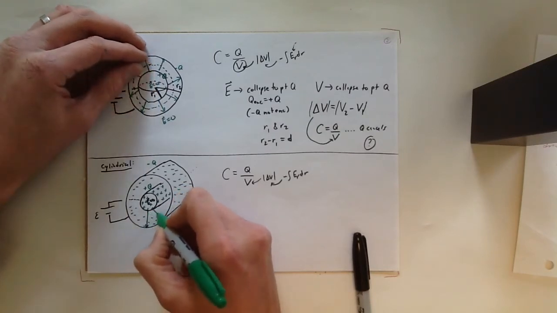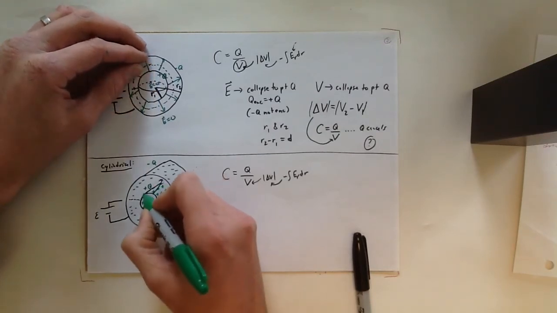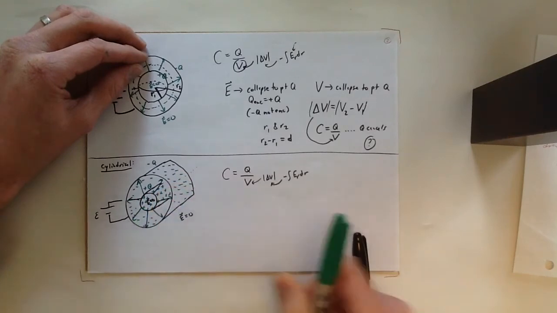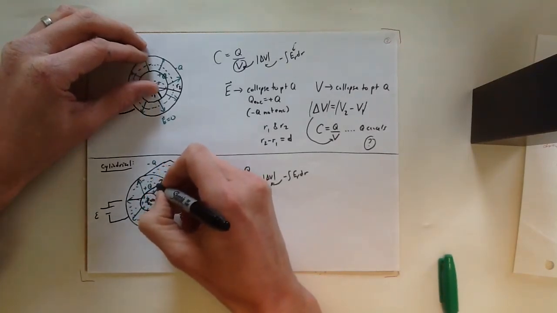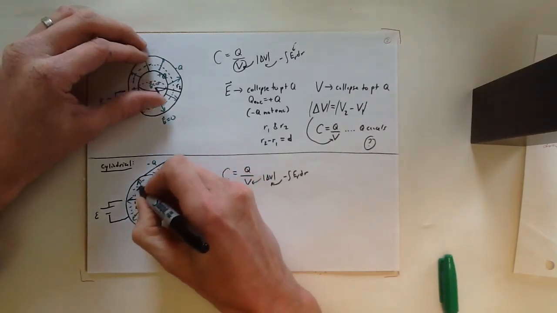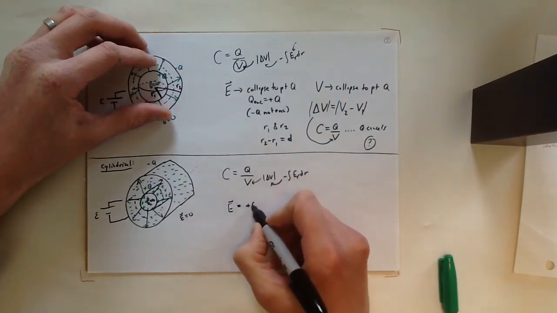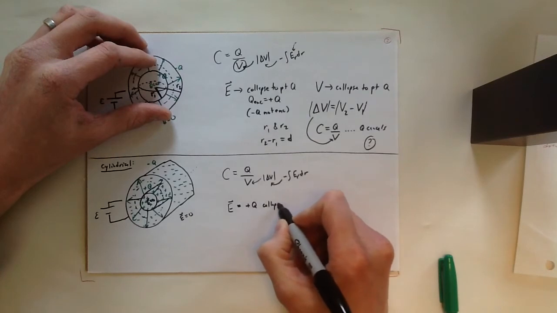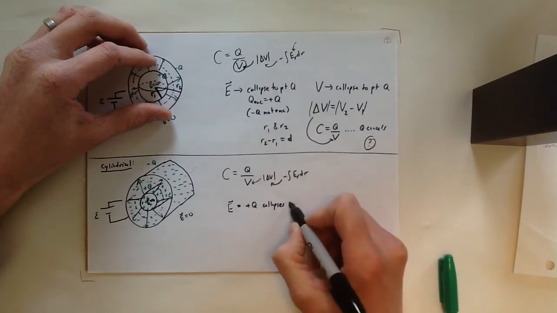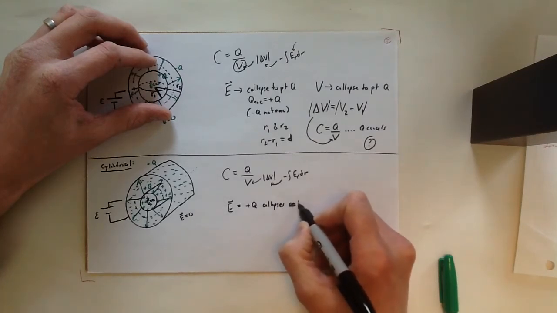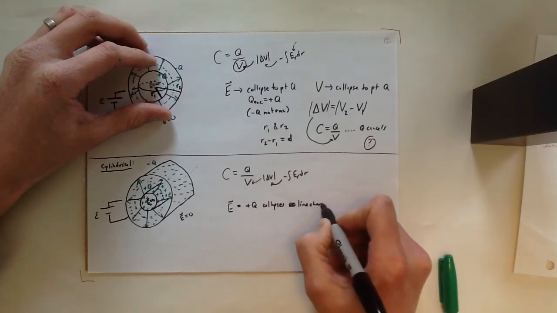The electric field would only be in this region between these two, and your Gaussian surface you could throw right there. And the electric field, well, the plus charge would collapse immediately to a line charge, approximate as an infinite line charge.